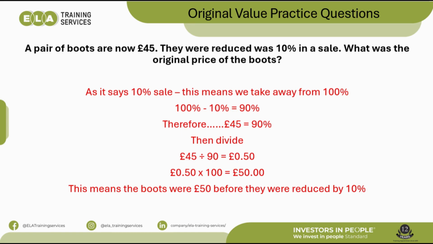Therefore £45 equals 90%. Now we can divide. £45 divided by 90 equals 50 pence. 50 pence multiplied by 100 equals £50. This means the boots were £50 before they were reduced by 10%.